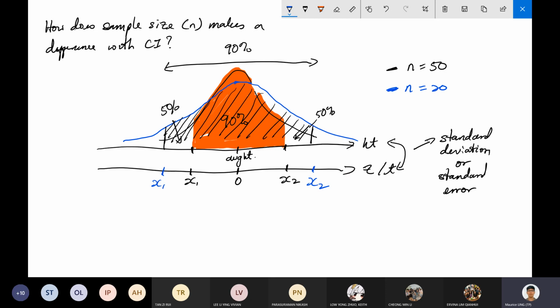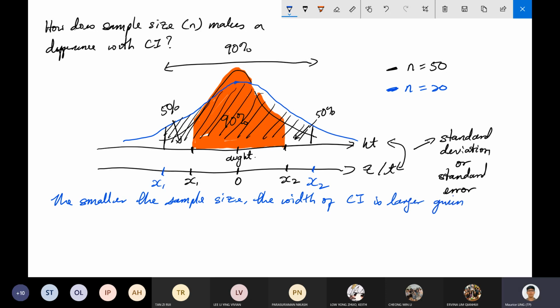Okay, and this is why sample size makes such a big difference, which generally means that the smaller the sample size, the width of the confidence interval is larger, given the same confidence.